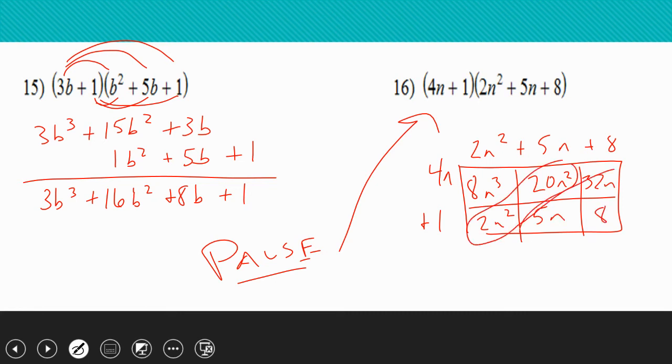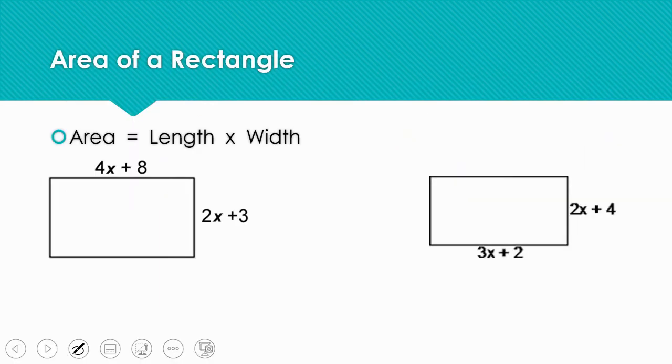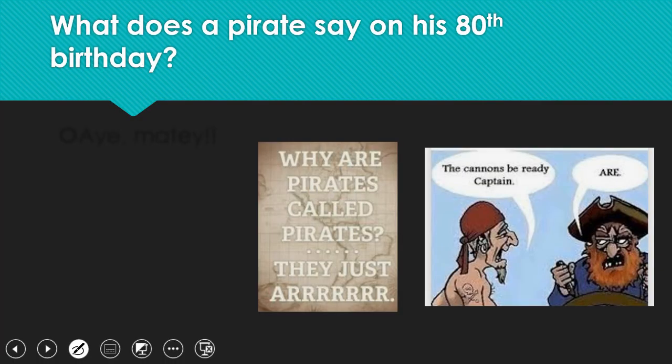There's your like terms. 8n to the third plus 22n squared plus 37n plus 8. So back to our original problem, they may ask you for the area, and you just would multiply those together, even though we don't know the numbers.